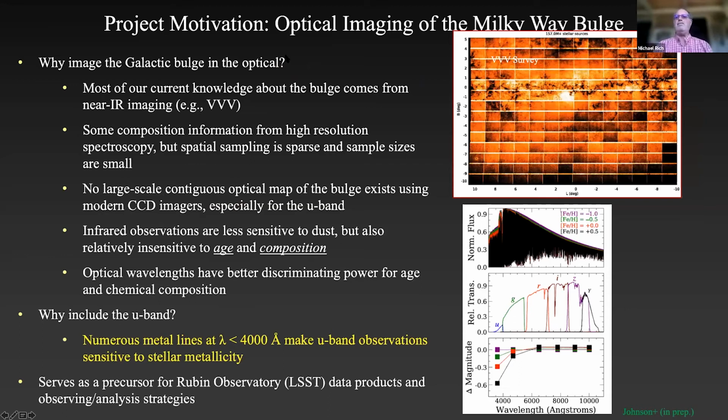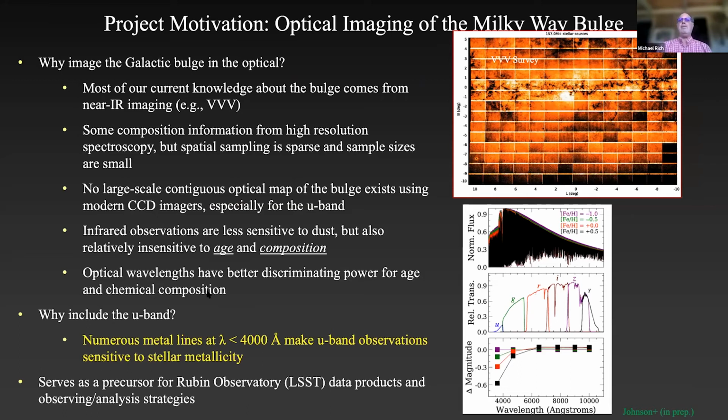The importance of U, which is relevant to the project, is the vast number of metal lines that occur, going back to the work of Nancy Roman, Eggen, Lynden-Bell and Sandage, that the U band carries information about metallicity.